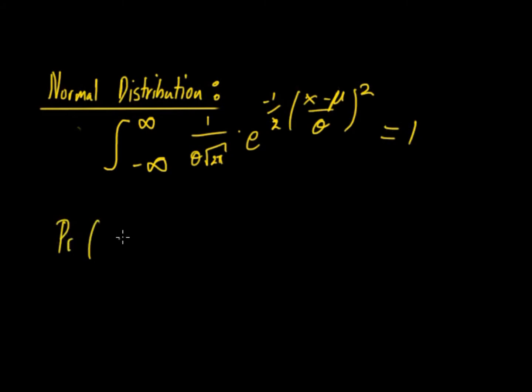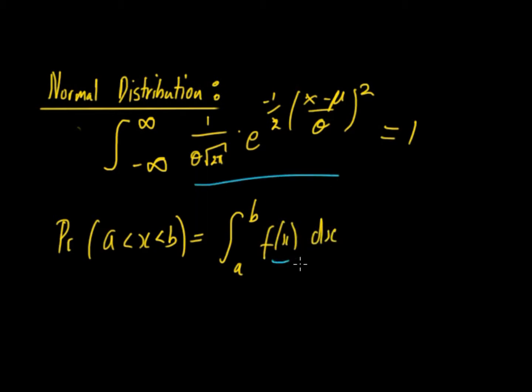And therefore the probability of a less than X less than b is equal to the integral from a to b of f(x) dx. And you can see that's f(x), and f(x) is there. So most of the things we've been talking about in the continuous distribution also apply to the normal distribution as it is a continuous distribution. So for example, the probability of X equal to a is just equal to 0. You can't find an exact point, it has to be between an interval.